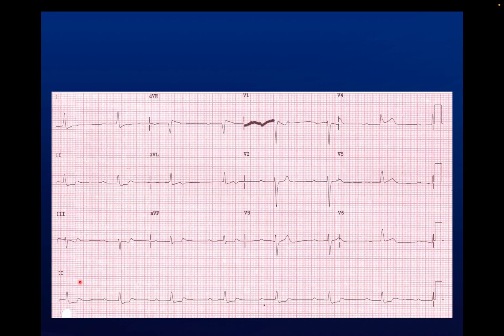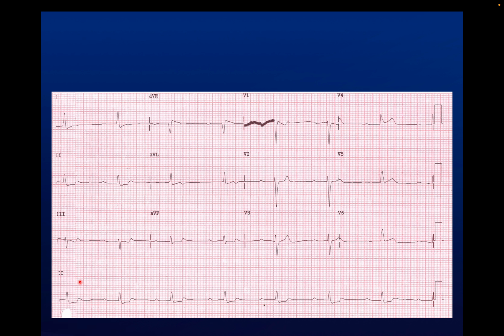Here, this is actually a first degree AV block with blocked PACs. You can actually, on closer inspection, look at a block within the T wave. You can see that this T wave is sharper than the others. So just prior to the sinus pause, there are blocked APCs which are causing the sinus pause.